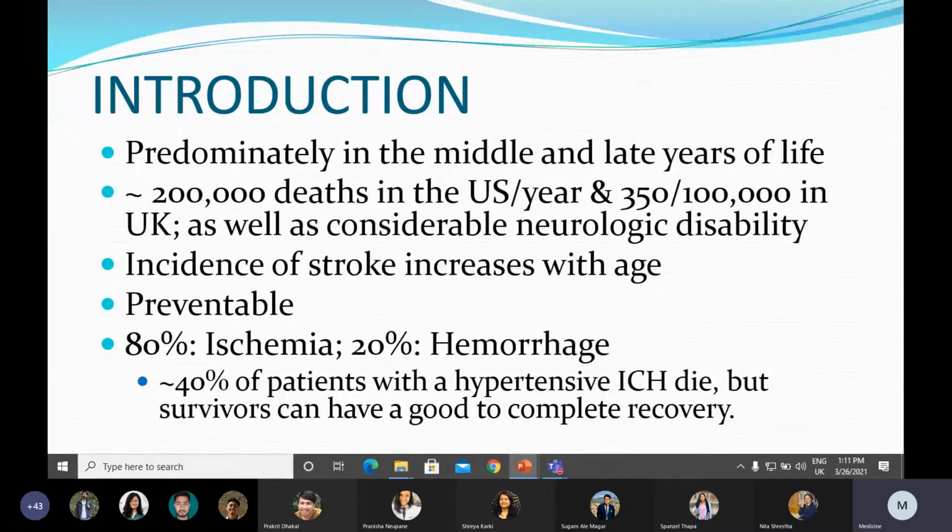So hemorrhage in the acute condition has a high mortality, but if the patient survives that acute phase, then they have a good recovery rate.